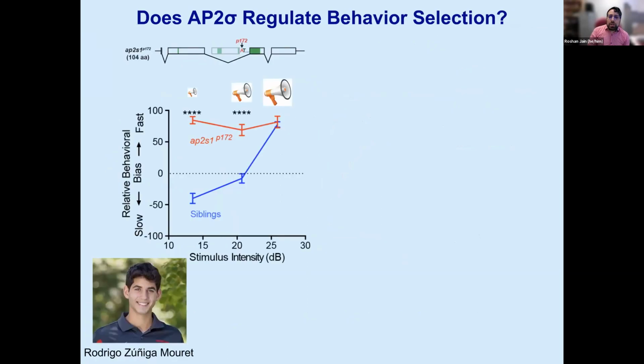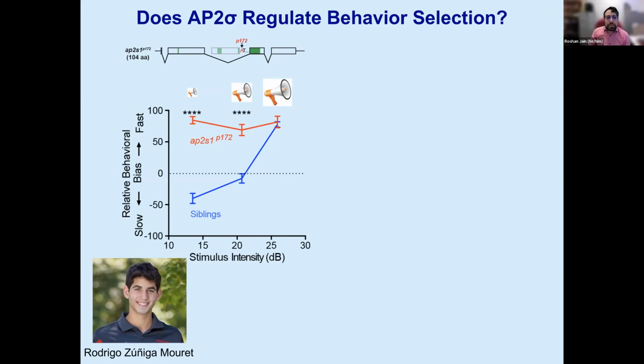And so then we wanted to also explore some of these other components of the modulation of acoustic behavior. And what we found was that when we've disrupted AP2S1, it also disrupts behavior selection. We hadn't observed this initially when we were performing the screen.